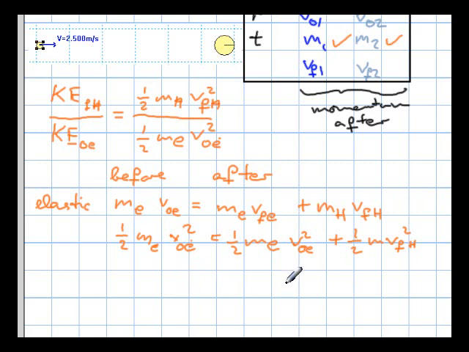They say the final velocity of the hydrogen, after the two equations have been combined for an elastic collision, is 2 times the mass of the electron divided by the sum of the masses.